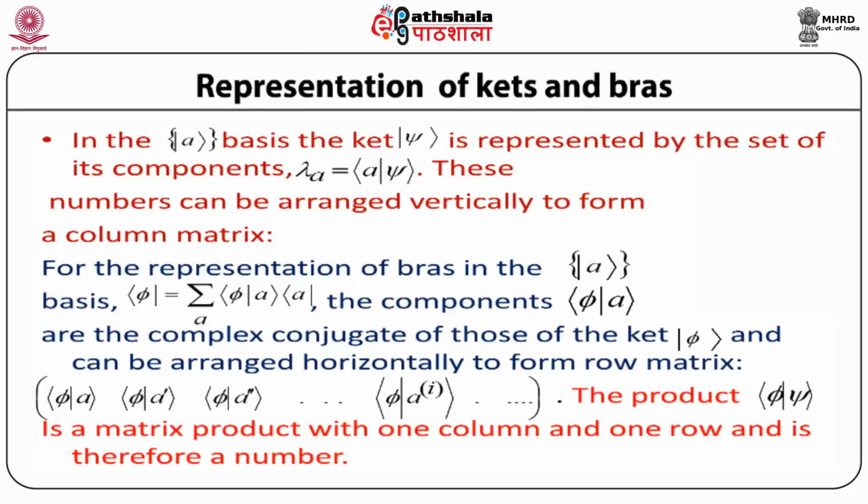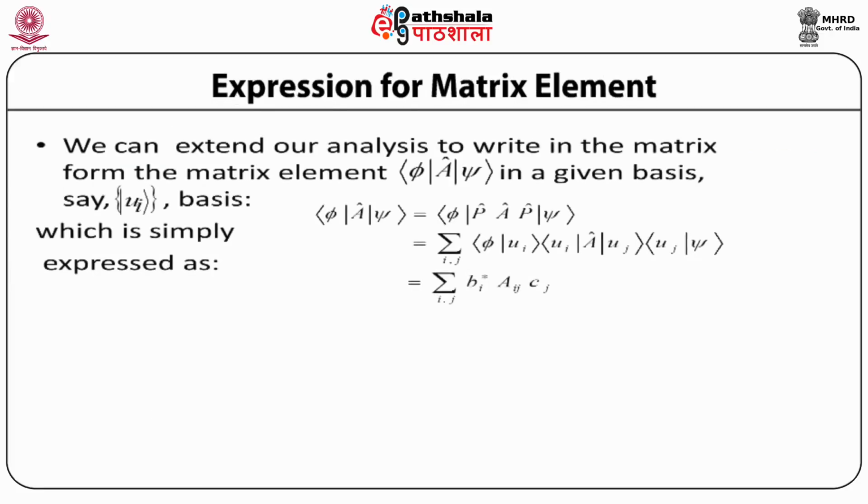The product ⟨φ|ψ⟩ is a matrix product with one column and one row and is therefore a number.